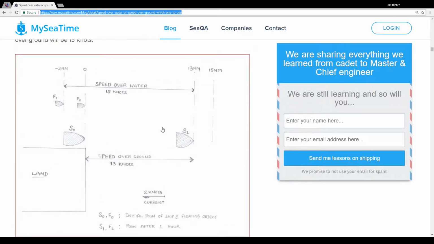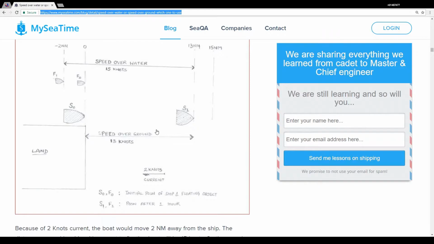In the second example, the current is 2 knots against us. So our speed through the water is 15 knots, but our speed over the ground is only 13 knots. So instead of traveling 15 nautical miles this time in an hour, we only travel 13 nautical miles.